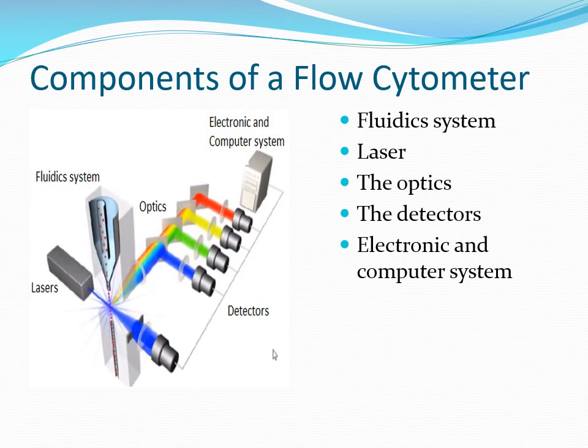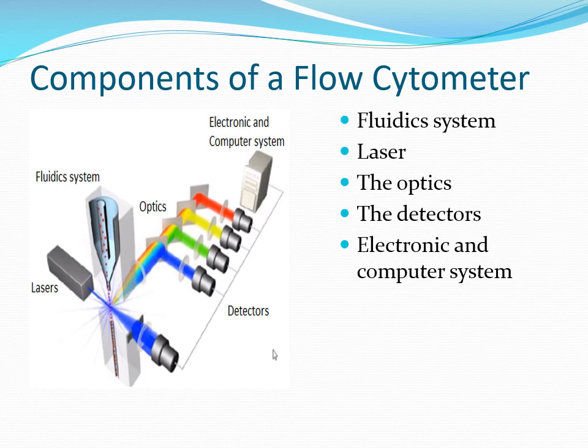For this multi-parametric analysis of cells of such a wide range, the flow cytometer that is used has certain components. There is the fluidic system, then there is the source of the laser, there are the optics, a combination of mirrors and lenses that direct the light.